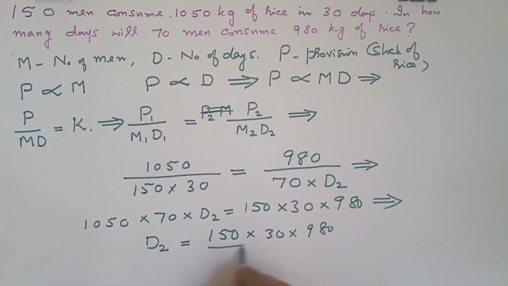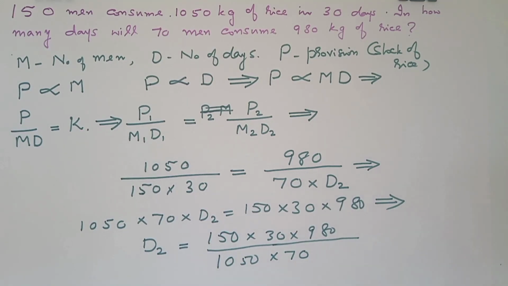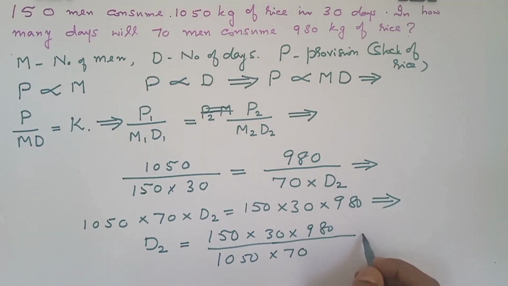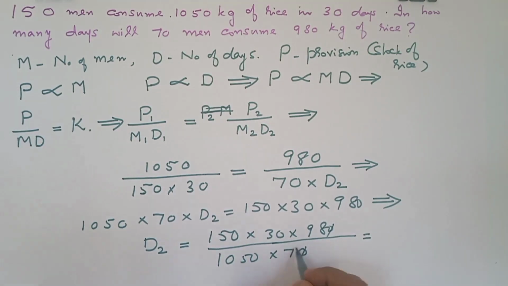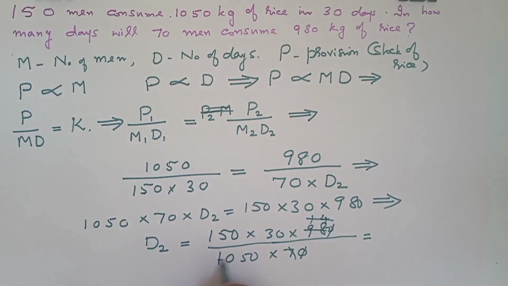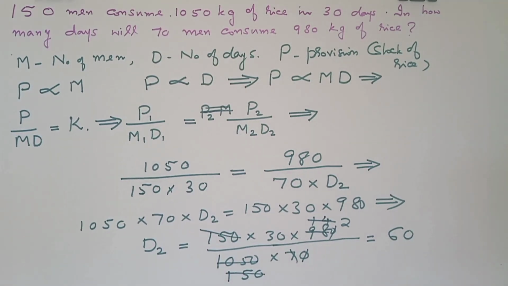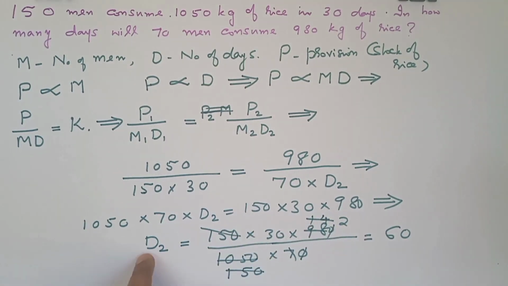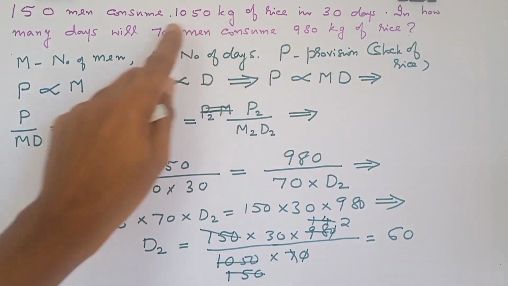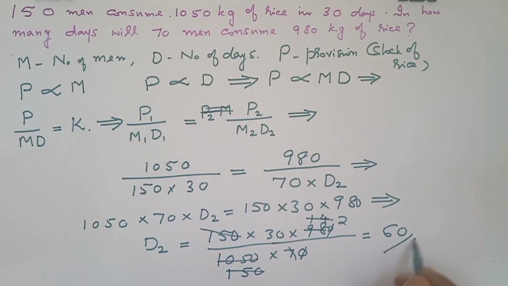This is what you get. Simplifying this, you will get D2. So we have got the number of days this much provision will last for 70 men. So the answer is 60.